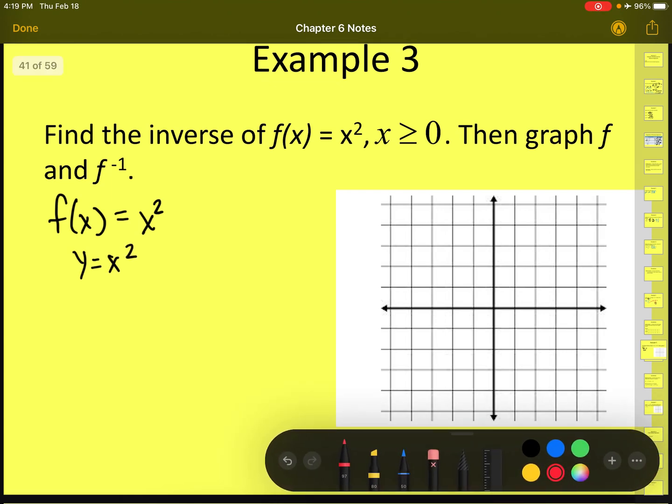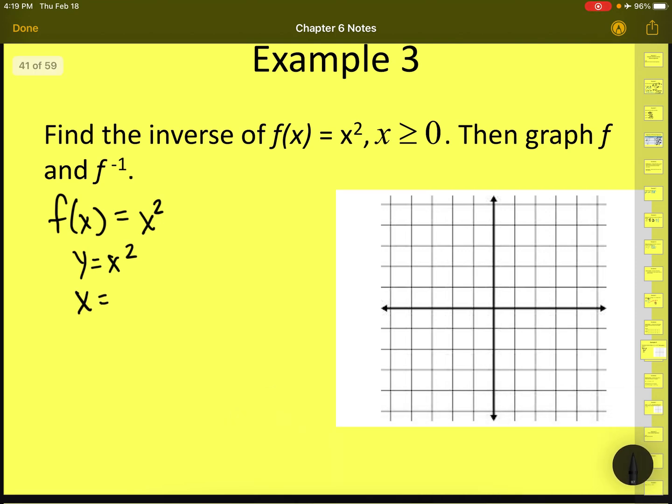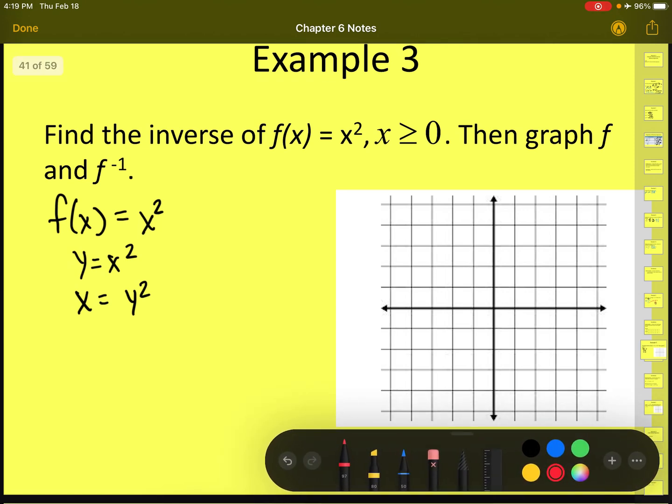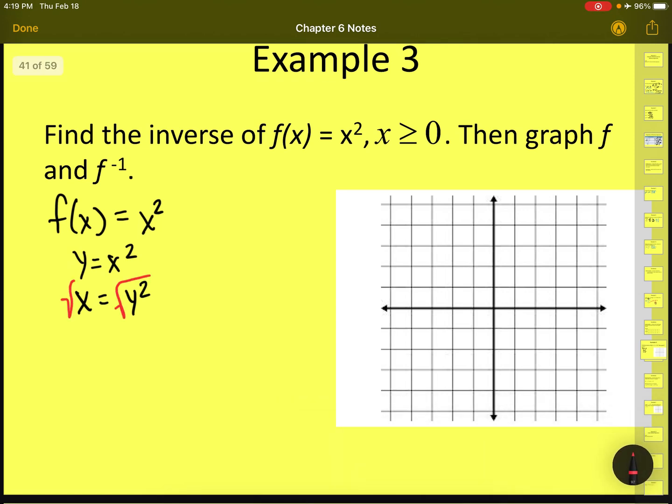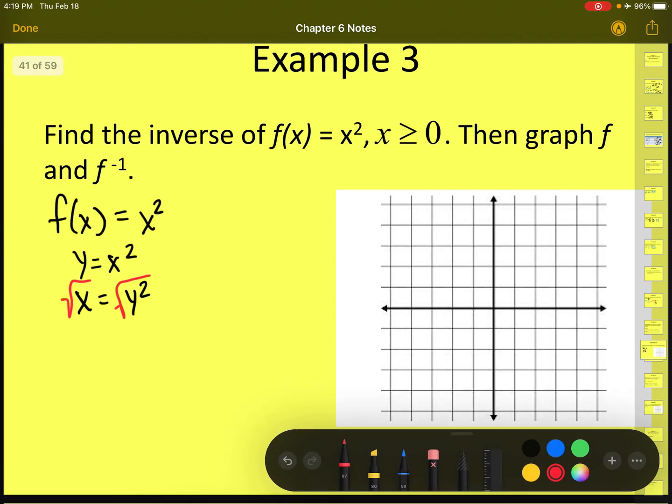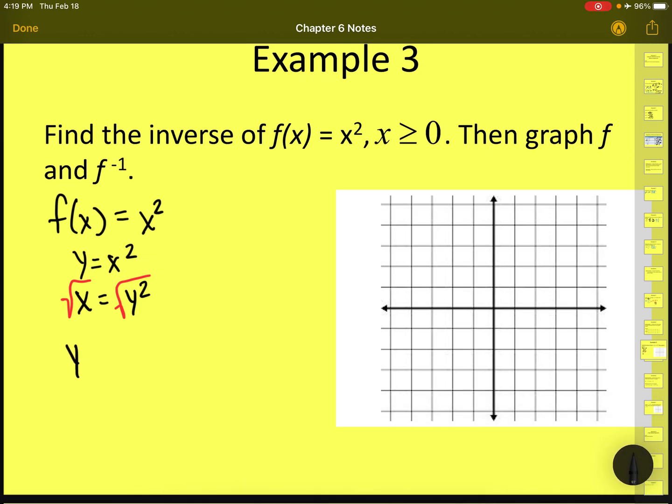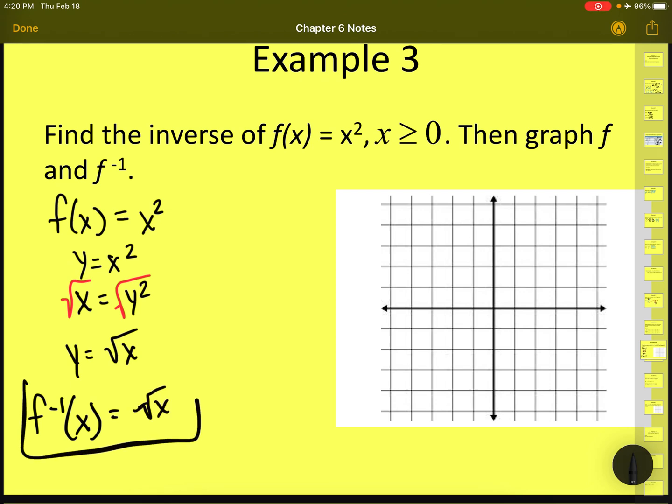We can't solve quite yet because we have to flip x and y, but now in order to solve, we have to take a root on both sides to undo that square. So we're left with y being the square root of x, or our function inverse of x being the square root of x. So here's our inverse of f.